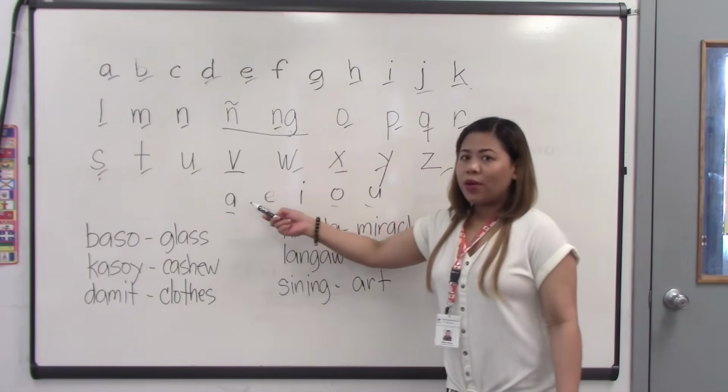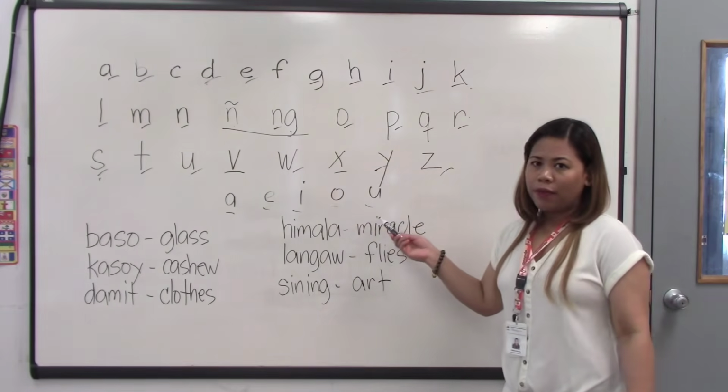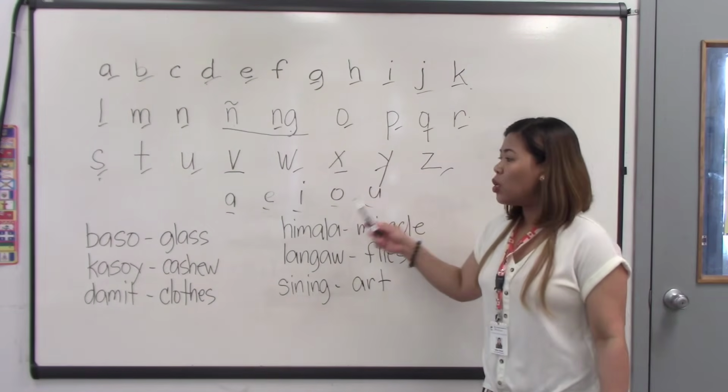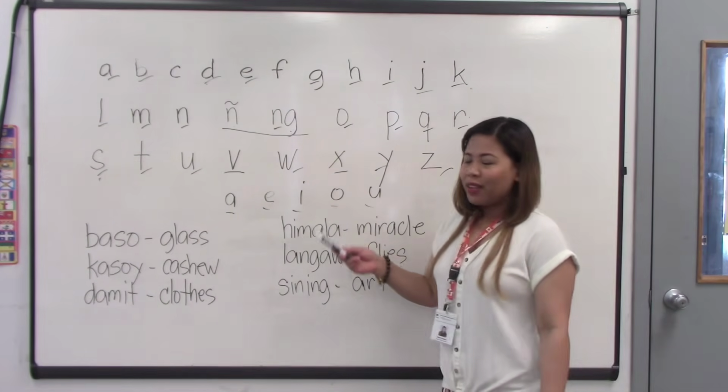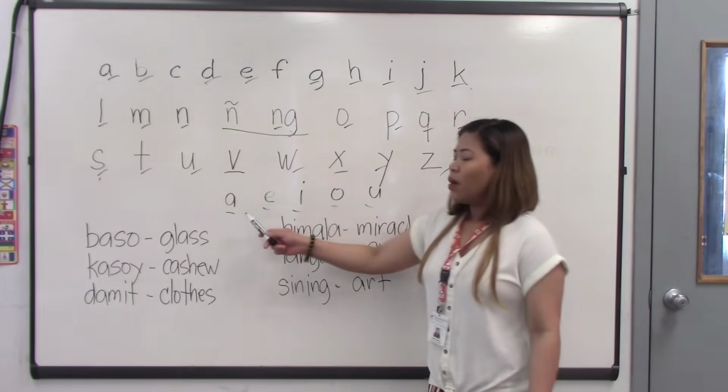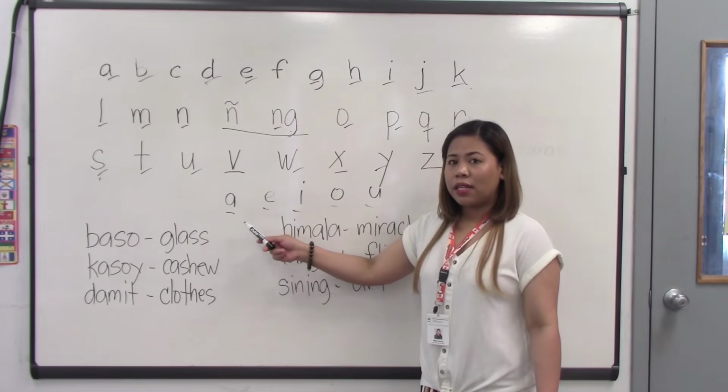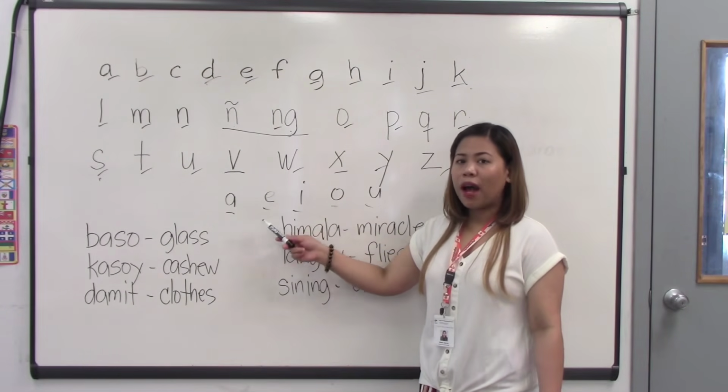By memorizing or familiarizing the vowel sounds of the Filipino alphabet, you would be able to pronounce and read these words correctly. So again, as a review, our vowel sounds are very easy. 5 vowel sounds for 5 vowels.